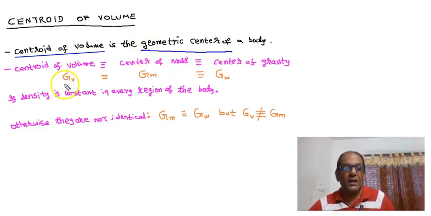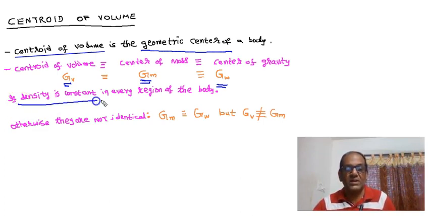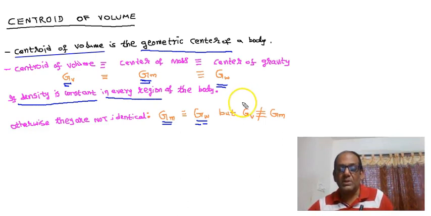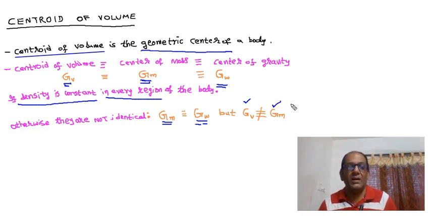We note here that this centroid of volume represented by GV, center of mass represented by GM, and center of gravity represented by G subscript W, all of them mean the same thing when the density is constant in every region of the body. Otherwise they are not identical, and we note that center of mass and center of gravity will be equal, but in general center of volume or centroid and center of mass, they are different.